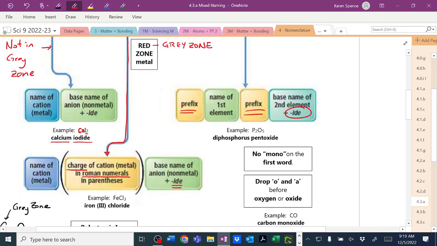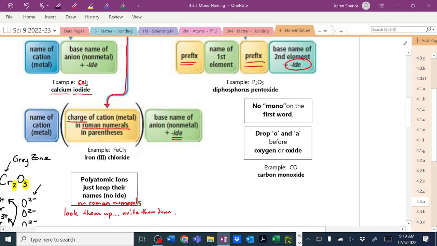Do we change the ending of the first element? No. Which prefix do you drop and when? You drop mono on the first word, and if you want to get all your spelling points, you are also going to drop an O or an A if it's in front of oxygen or oxide. Okay?